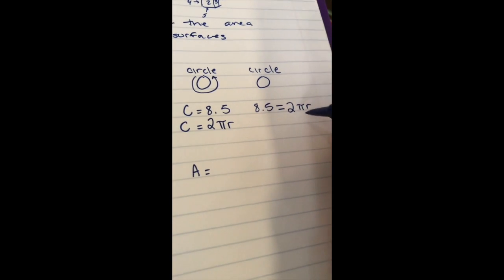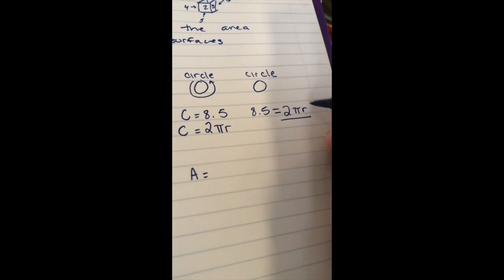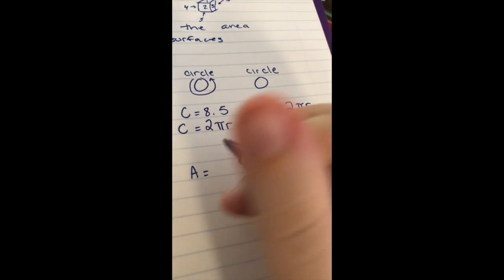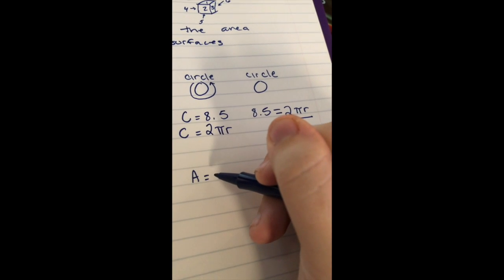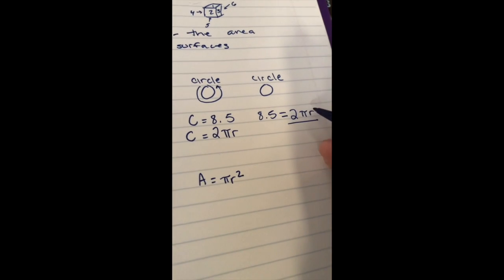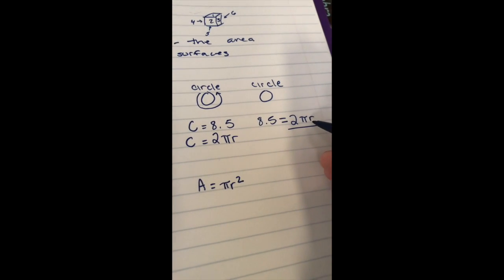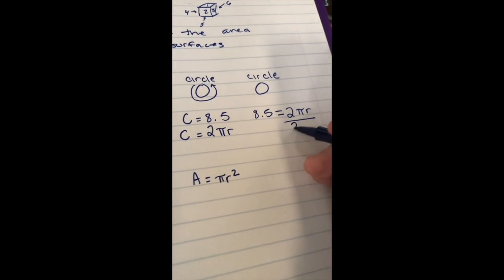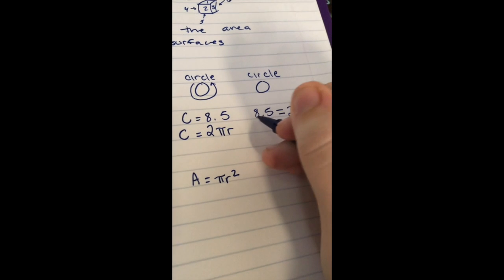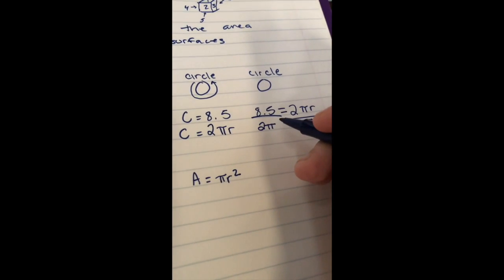So we are actually going to be dividing by something to find r, because in our area formula we're going to need pi r squared. So we need to find r. What things are we going to divide by to get r by itself? 2 and pi. 2 and pi, and we divide that on this side as well.